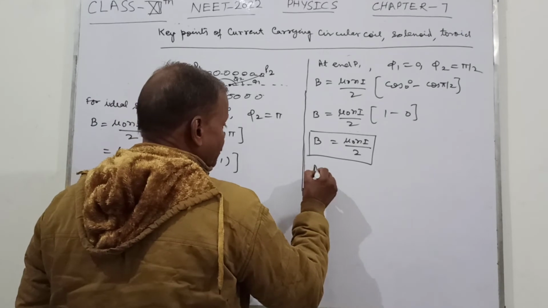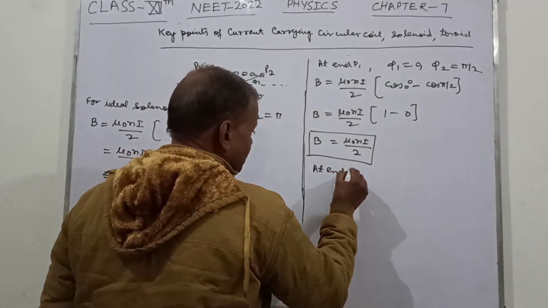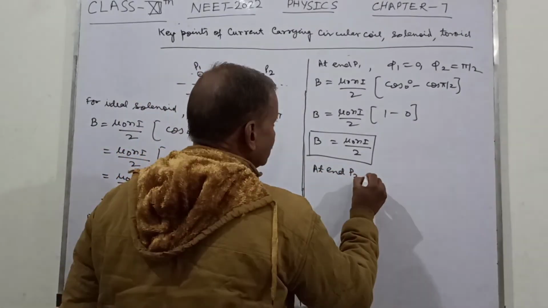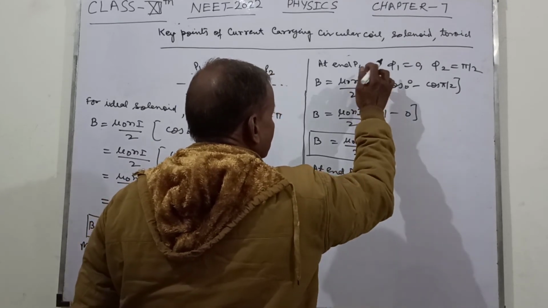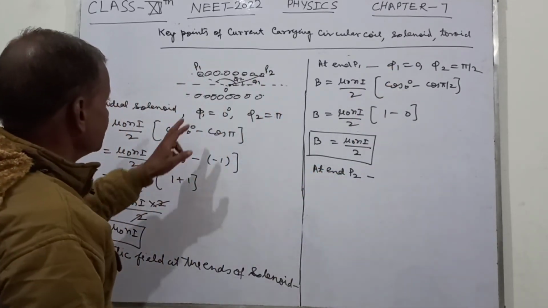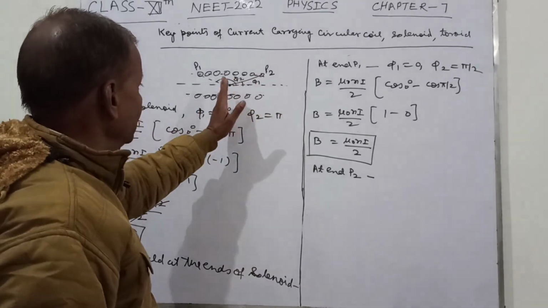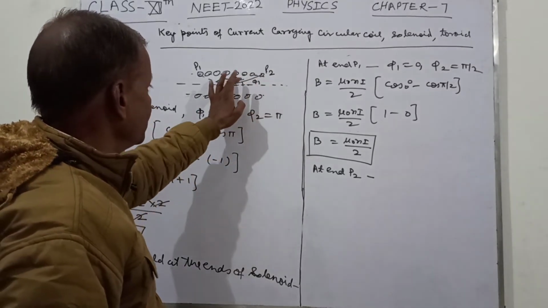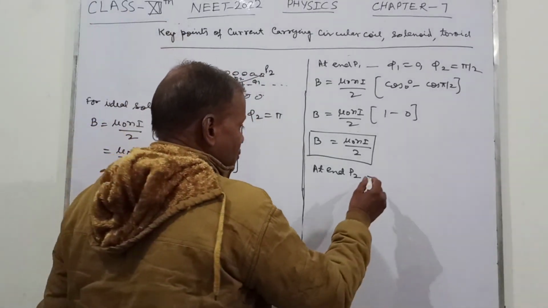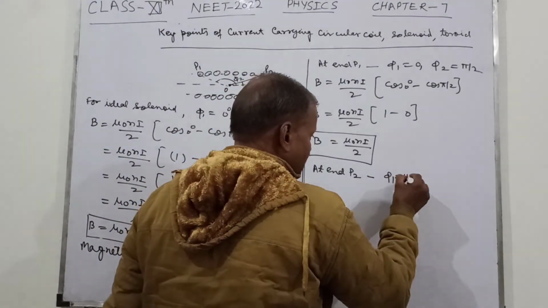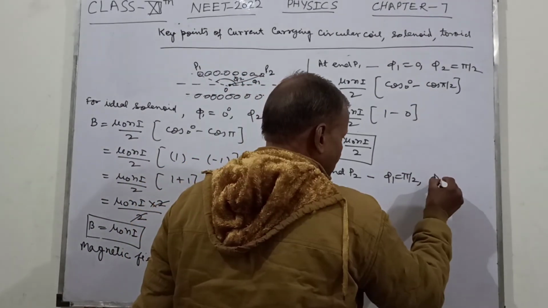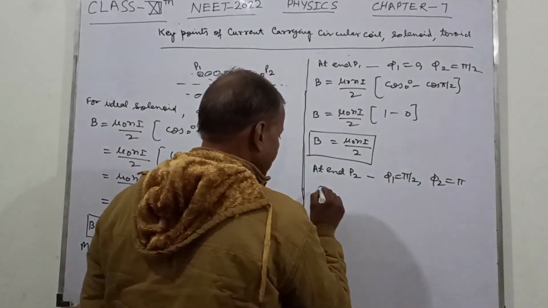Similarly at P2, what will we have? If we are talking about this end, then phi 1 is equal to pi by 2 and phi 2 is equal to pi.